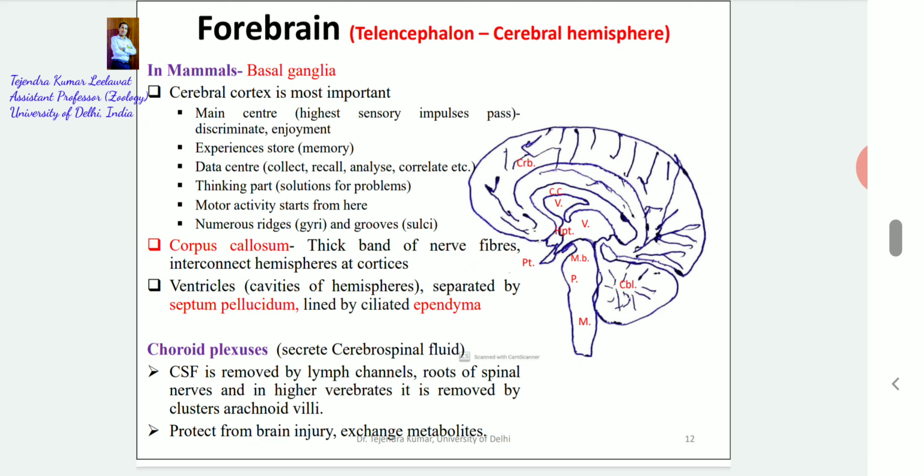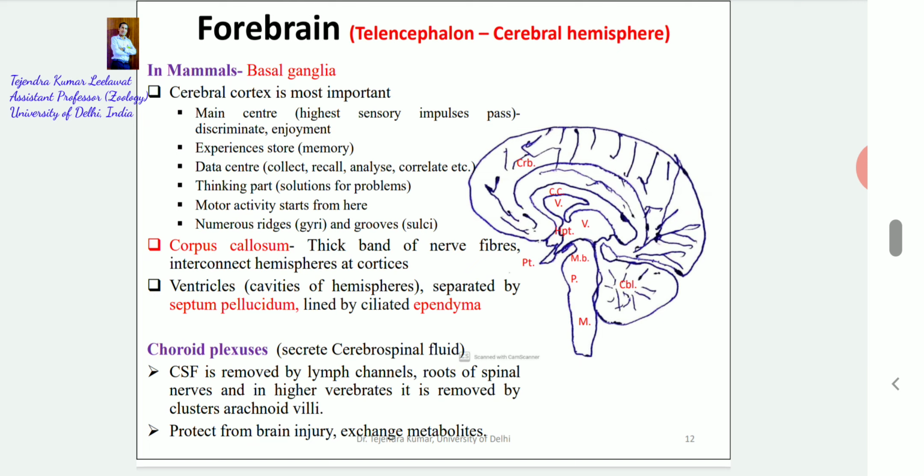The cerebral cortex is most important here because it is the main center for the highest sensory impulses, discrimination, and enjoyment. Many sensations come here, and their reflective actions are delivered again. Experiences are stored in memory, so that's why we have a large size.